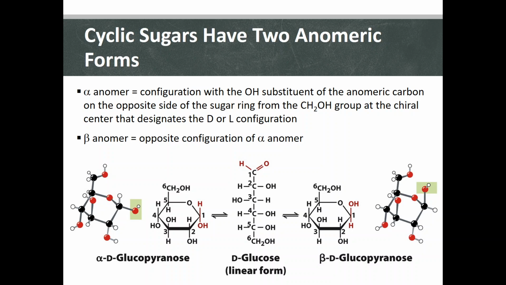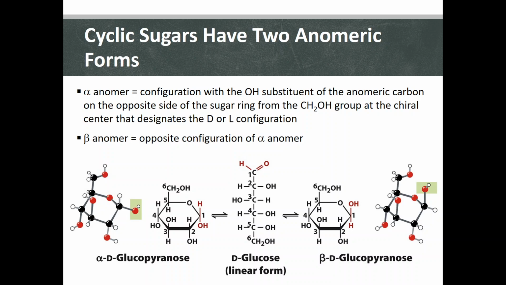So this is readily reversible, going from alpha form to linear to beta and then back. Let's say I started with a solution of pure beta D-glucose, and I also had a solution of pure alpha D-glucose, separately.